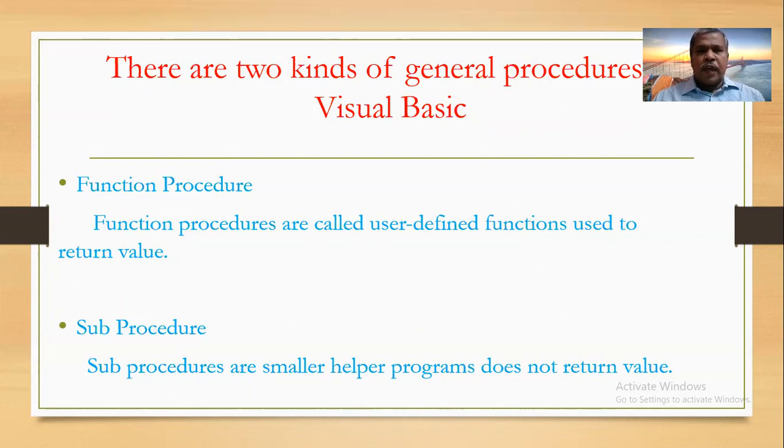These are the two kinds of procedures available in Visual Basic. We can call it a subprogram or procedure. Here they are calling it a procedure. If the procedure is going to return any value, then we will go for a function. If it is not going to return any value, we will go for a subprogram or sub-procedure.